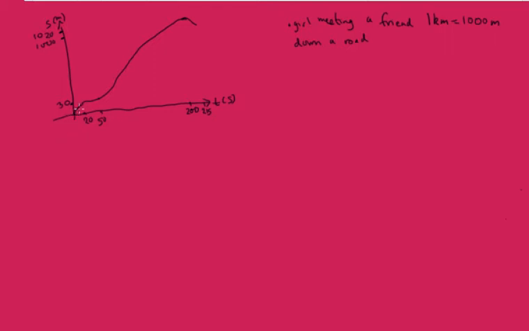We see her walking at a steady velocity. The gradient of the graph gives us the velocity. So as you see here, the gradient is a straight line. Our velocity is constant, so it's a straight line. Here, she's not moving at all, so it's flat.